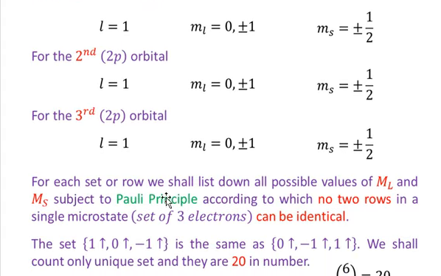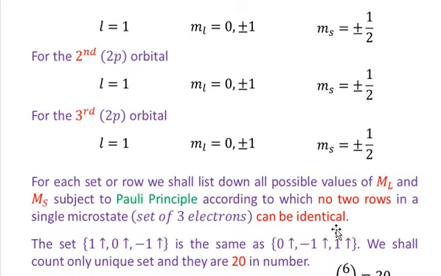For each set or row, we shall list all possible values of ML and MS subject to the Pauli principle, according to which no two rows in a single microstate, that is, in a single set of electrons, can be identical.